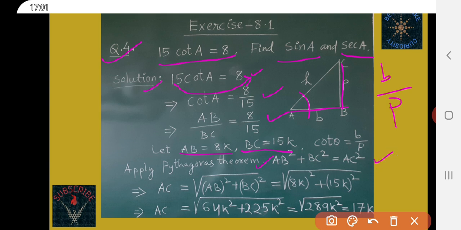So AC equal to how much? AB square plus BC square is equal to 8K square plus 15K square, which is 64K square plus 225K square. 15 into 15 equal to 225K square. Then add them, you get 289K square under root, then you get 17K. Now we got AC equal to 17K.